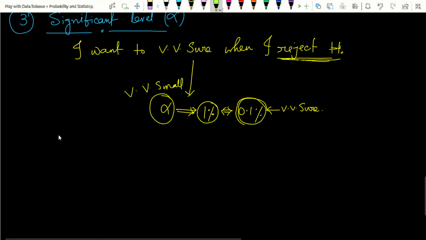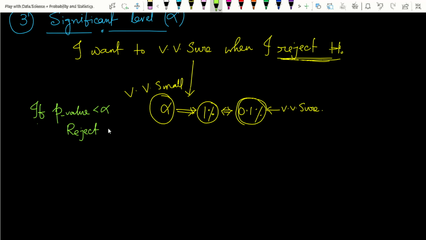So we'll see, if the p value is less than alpha, meaning the small alpha, then we reject our null hypothesis, else we accept the null hypothesis.